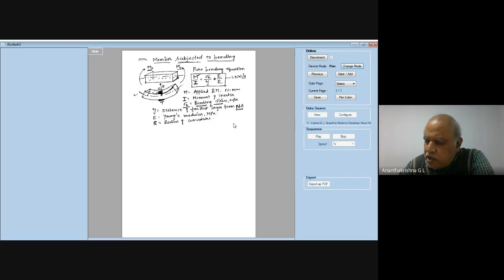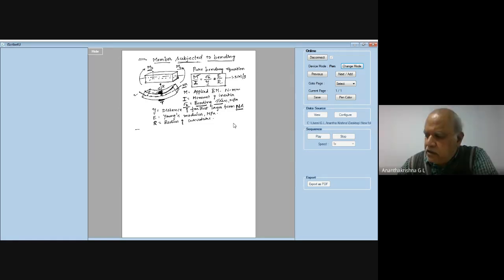There is going to be a layer or axis at the middle where there is neither compression nor tension. Such a layer or axis is called the neutral axis. So on a neutral axis, there is no compression and no tension. Are you there with me now?